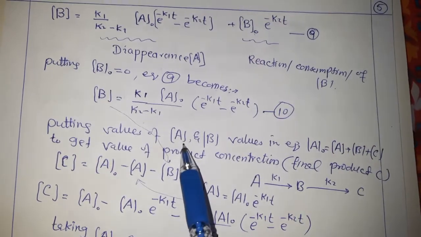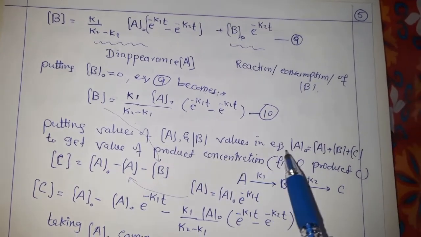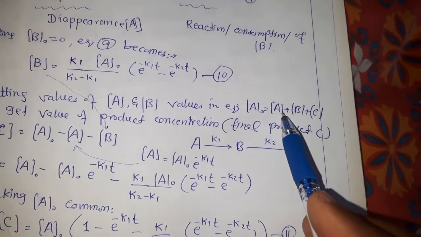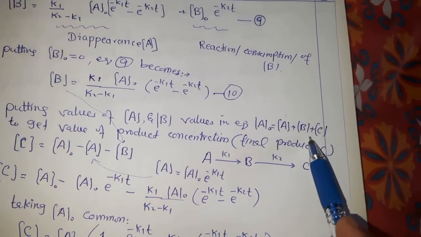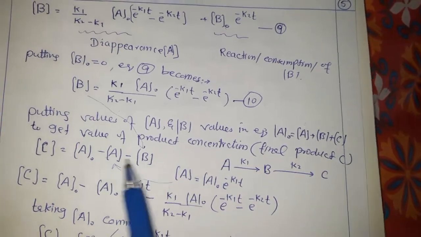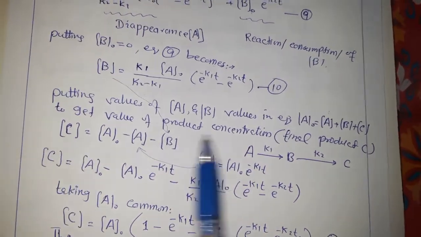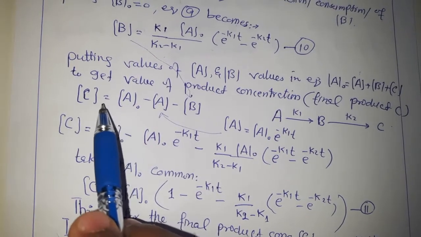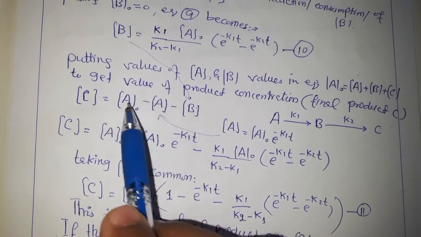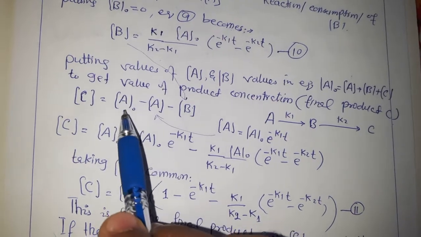Putting the values of a and b in our basic equation, we can get the concentration of c, the final product. Our final product concentration can be obtained by putting the values of a and b, where a naught is the initial concentration.